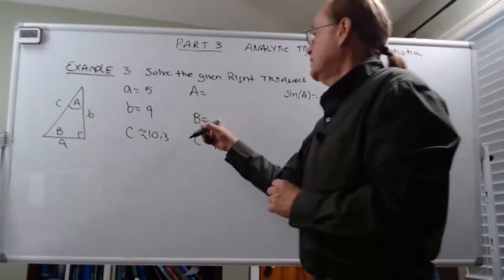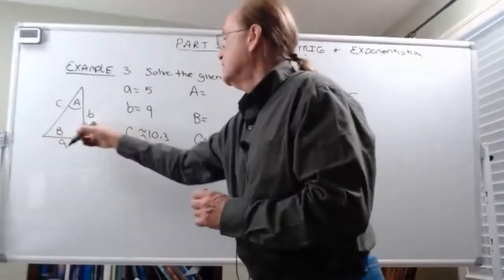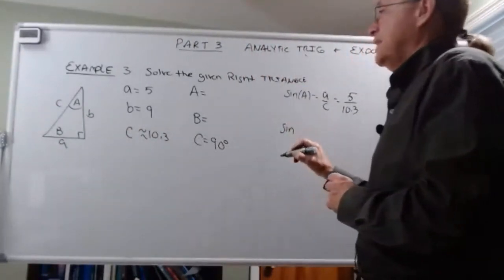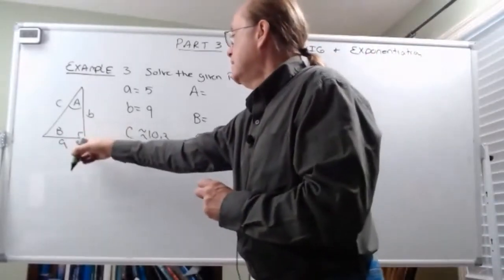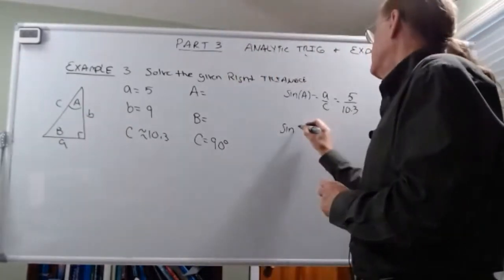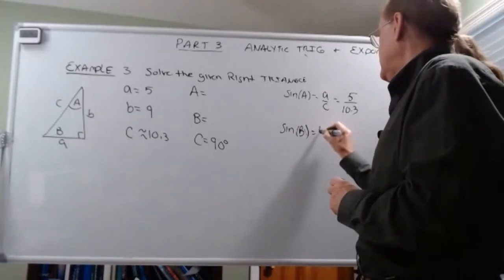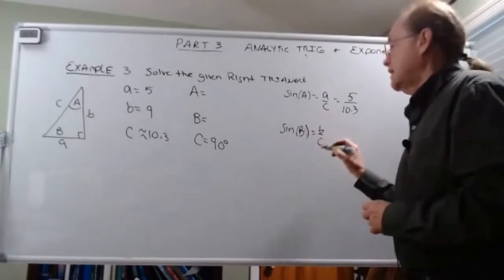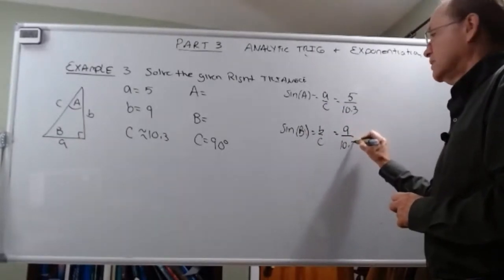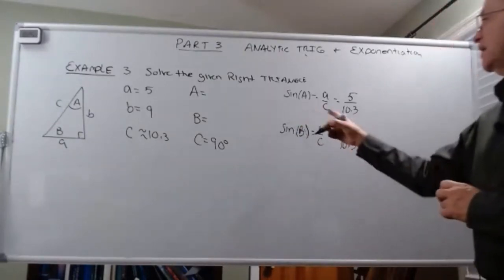We also have the sine of angle B, which is my opposite over my hypotenuse. That's B over C, and B in this case is 9 over approximately 10.3. I can use either of these.